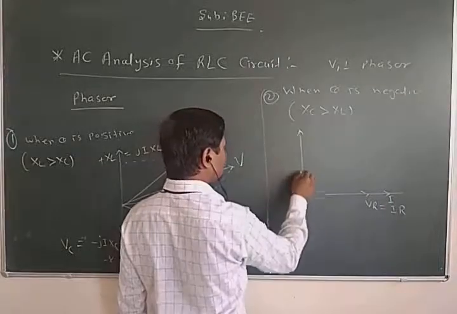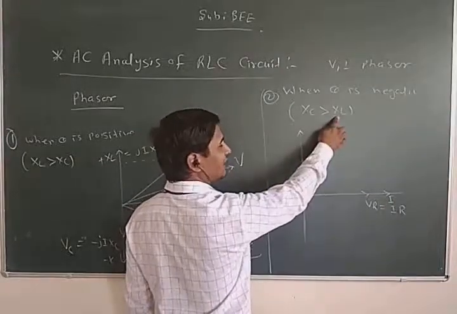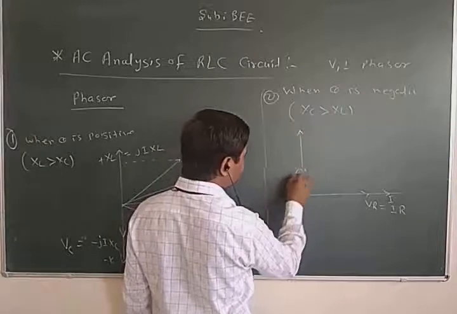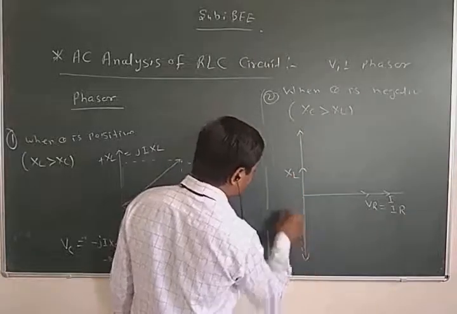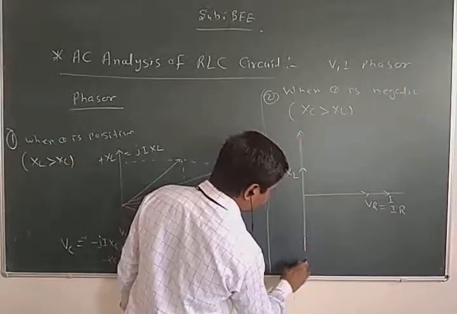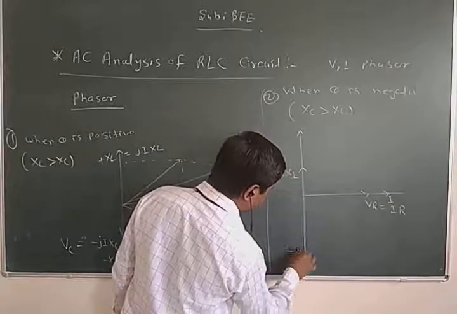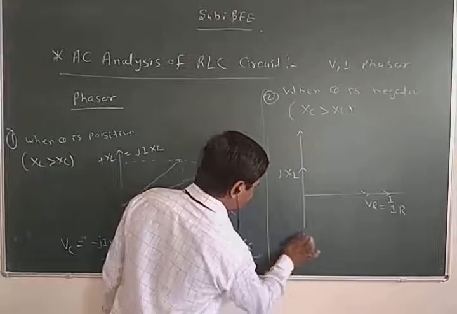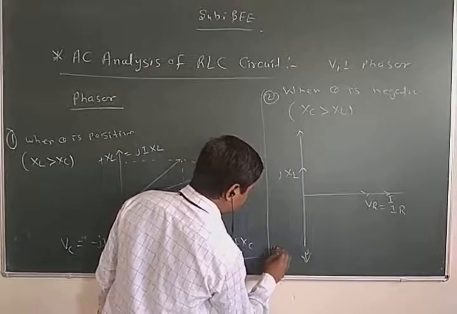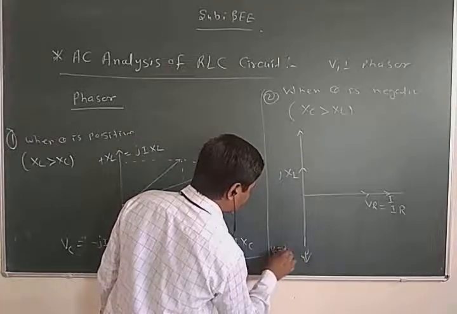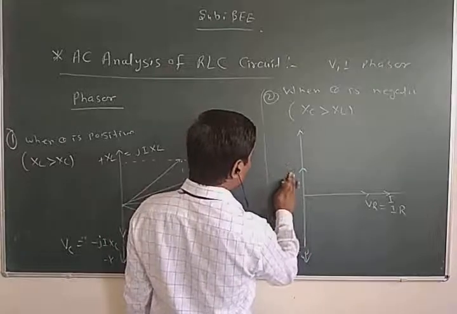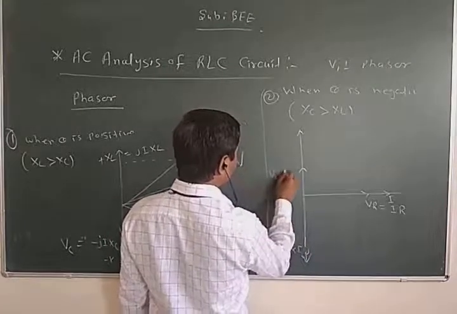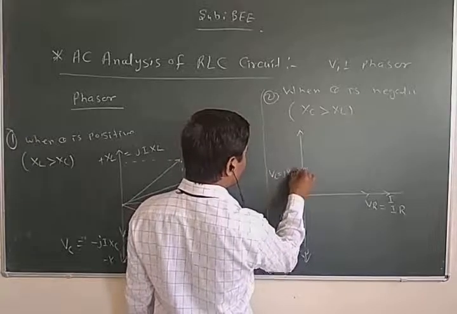Similarly, here XL is less than XC. So this is XL and this is minus jXC. VC is equal to minus jXC into I, and VL is equal to jXL into I.